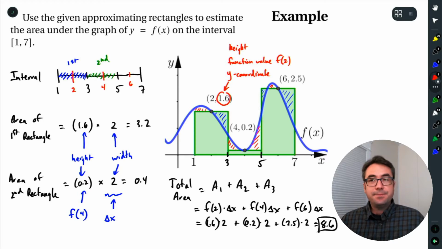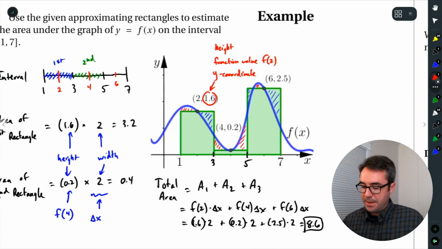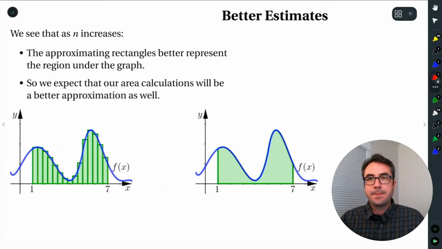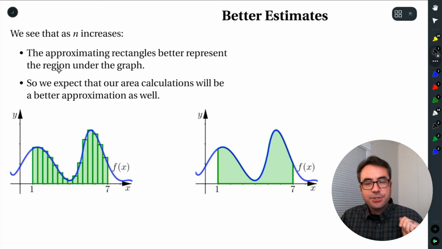And the way to do it is, instead of using 3 rectangles, use more. That's what we're going to talk about here. In order to get a better estimate, we're going to increase n. As you increase the number of subintervals, the number of approximating rectangles is going to increase.